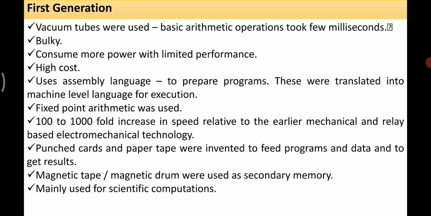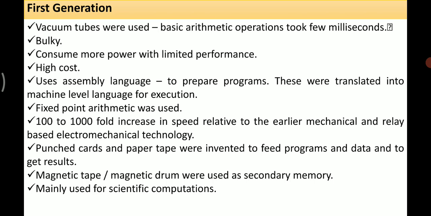In the first generation computers, the vacuum tubes were used. Here the basic arithmetic operations took a few milliseconds. These first generation computers were bulky and they consumed more power and there was limited performance, and the cost of these first generation computers was also high.